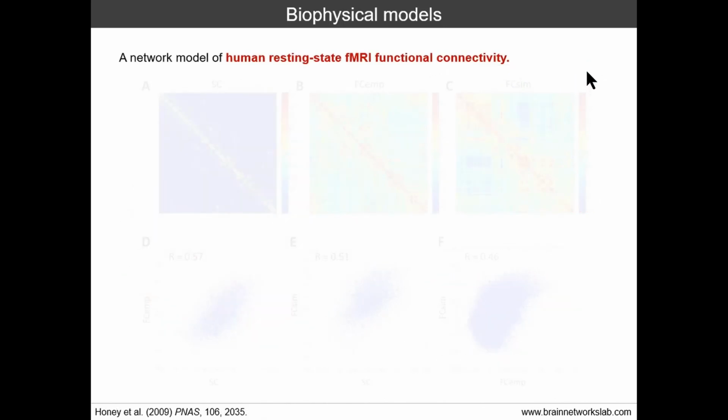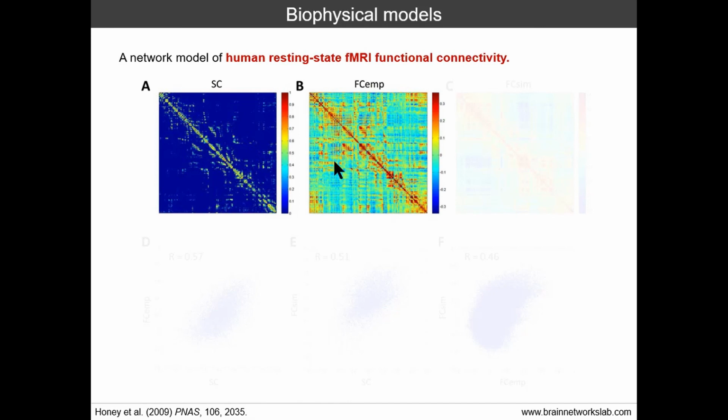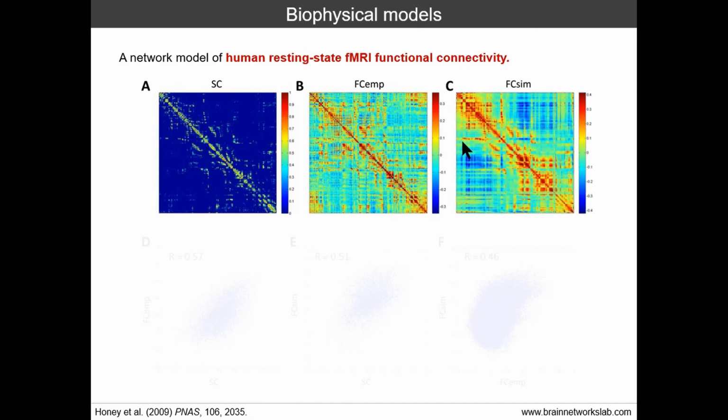The next step, of course, is to see whether this same approach works for human data. So this is human data collected or reconstructed from diffusion imaging and tractography. There is some observed functional connectivity from those same subjects, and the model generates some simulations. So, taking the structural connectivity, using that to couple and to constrain a series of differential equations.